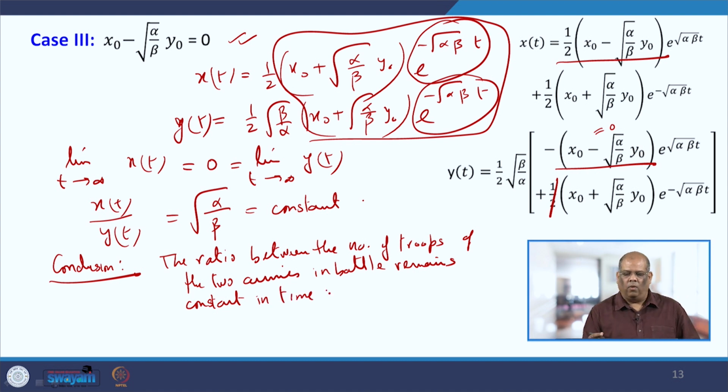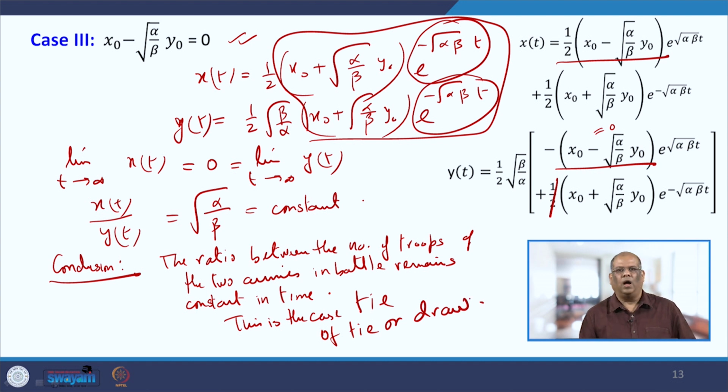So, basically the kind of damage that one army produces to the other, they remain some sort of constant. If you take the ratio of both the troops, they give you a constant value, and over time it becomes 0. So, if that is the case, it is called a case of tie or draw.